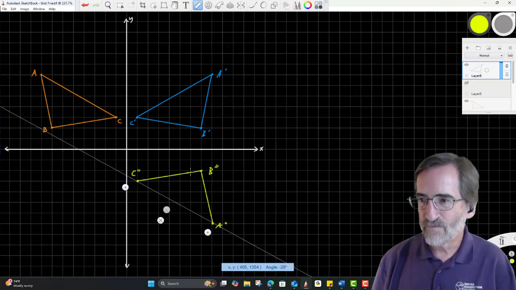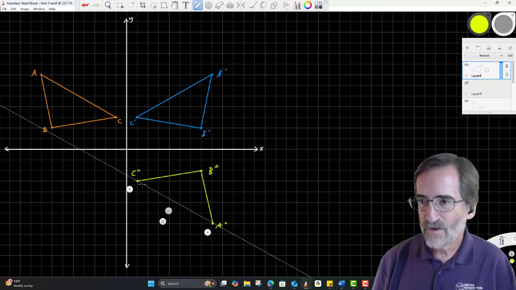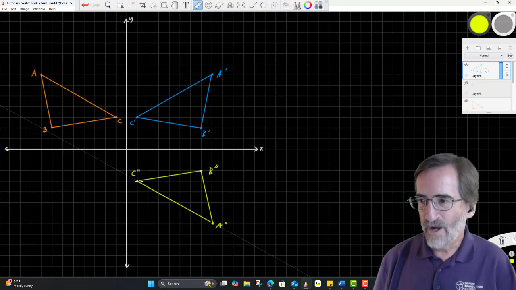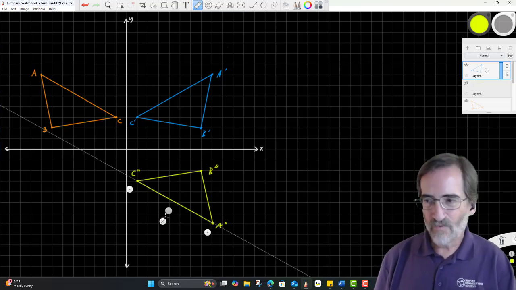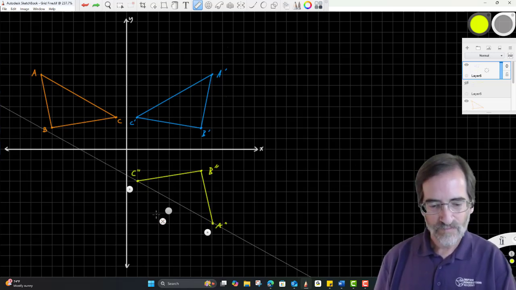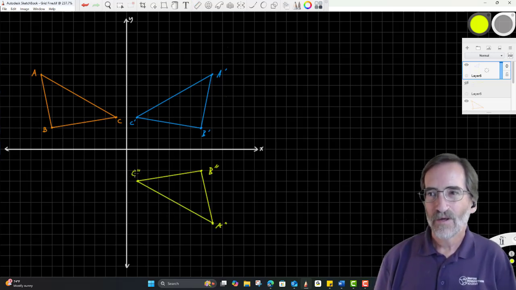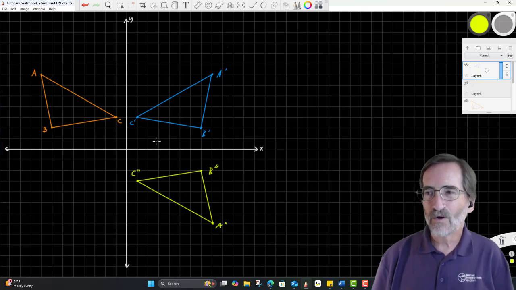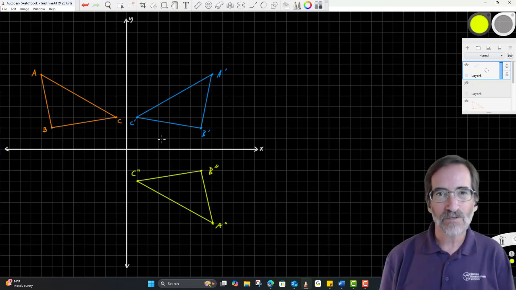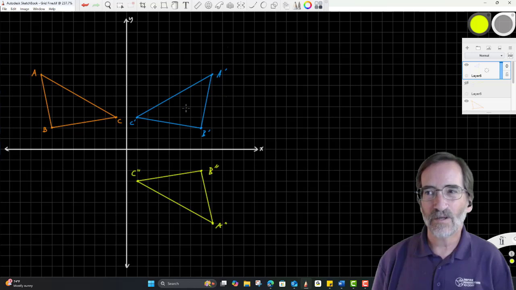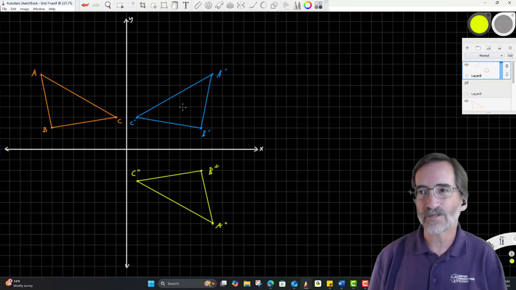It's not just a simple slide, but it's something else. It actually is a rotation, a 180-degree rotation. And so we can also generalize this to double reflections across any intersecting lines.